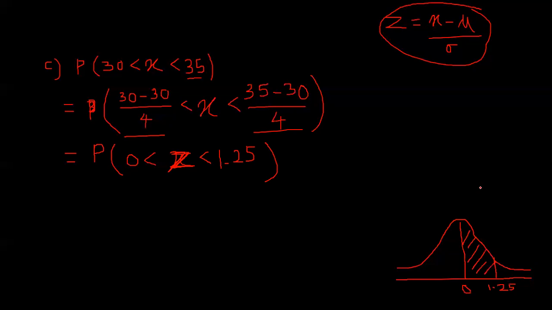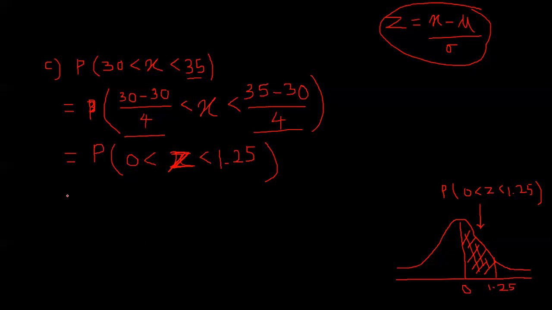So the Z area here is P, 0 less than Z less than 1.25. Okay. So what is the Z value here? That is between 0 and 1.25.